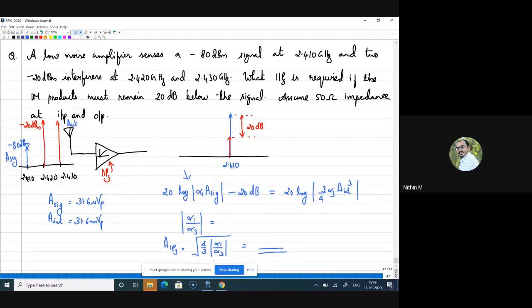Can I get the answer in terms of amplitude? Anyone got the answer? AIP3.